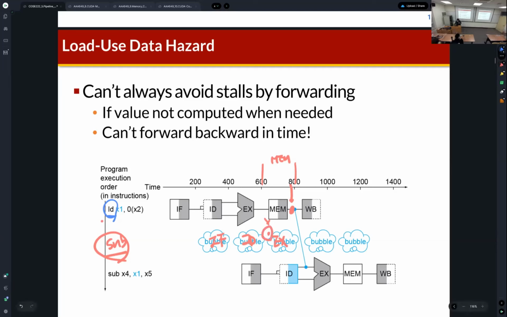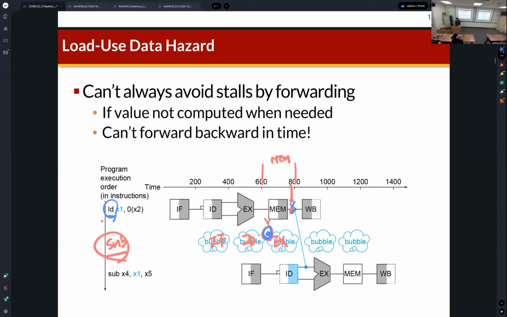If we compare the timing, the result is generated at this point, and the sub instruction requires data at this point.